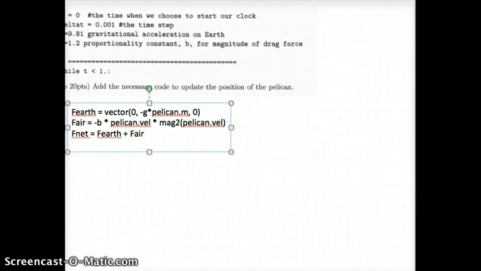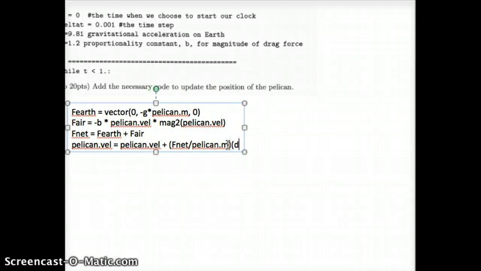Once you have the net force, you can actually use that to identify the velocity the pelican is going to be going in. So the velocity final is equal to, okay, this cannot be capitalized, velocity final is equal to velocity initial plus the net force divided by the mass of the pelican, and then all of this multiplied by the change in time, which is denoted as delta t.